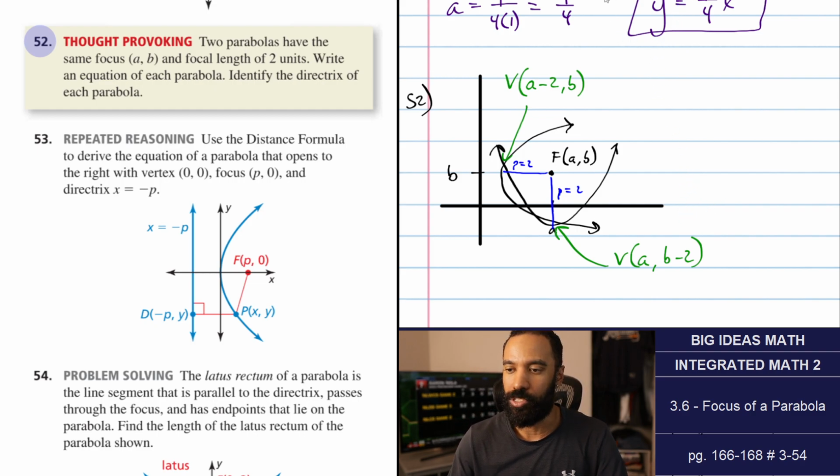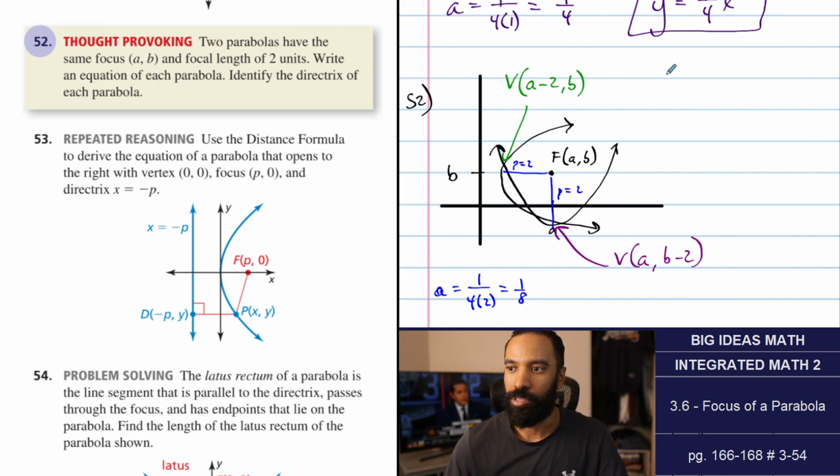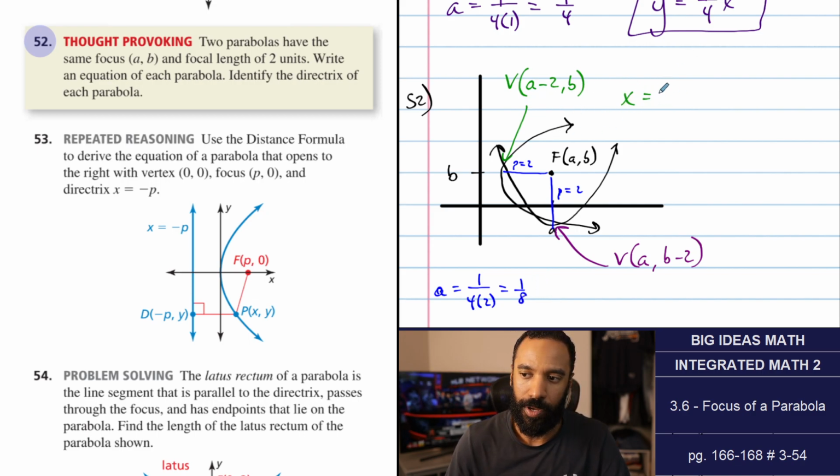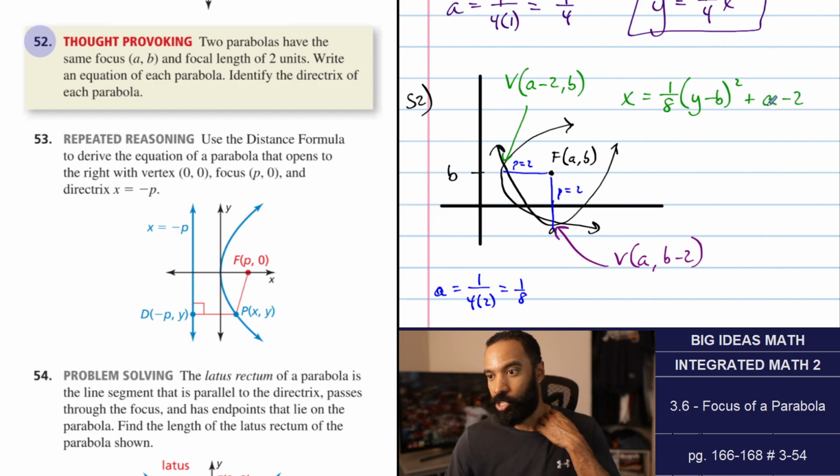As far as equations go, let's do these in different colors. This one I'm doing purple. The other one I'm doing green. For the first one, it's an x equals y squared equation. The p is 2, and if the p is 2, then the a value is going to be 1 over 4 times 2, which is 1/8. A is 1/8 for both of these. So this first equation is x equals 1/8 times y minus b, quantity squared, plus a minus 2, which is the h of your vertex.